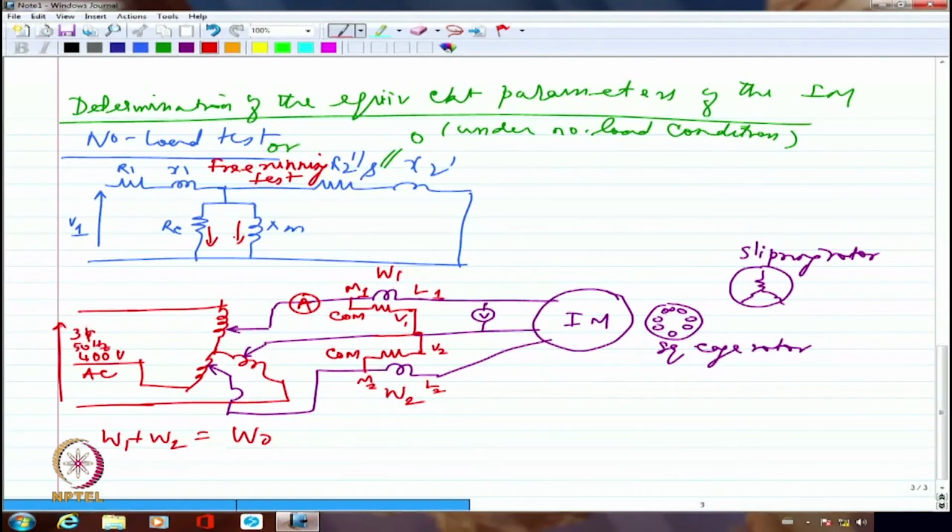If one of the wattmeters kicks back, then what we will do is to reverse the current coil. That means you have to disconnect and reconnect the current coil. That's what we will do normally. So M will go towards the load side, L will come towards the supply side.